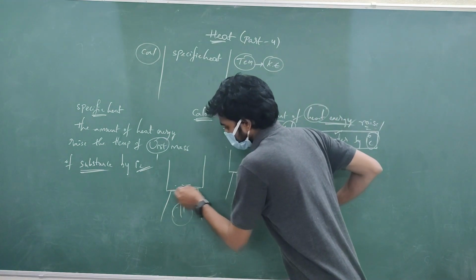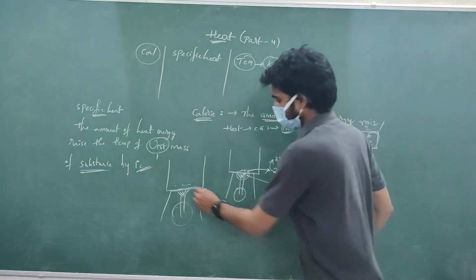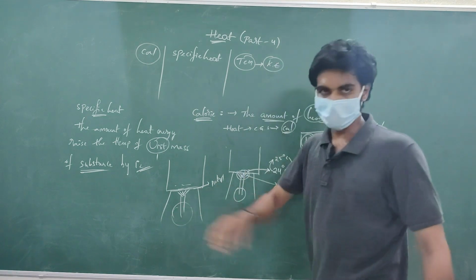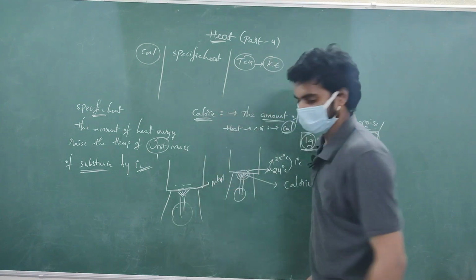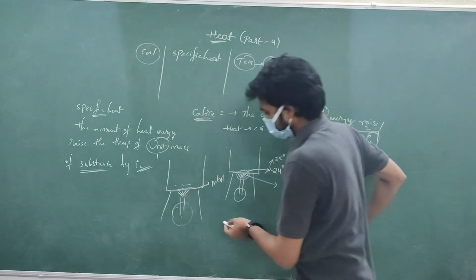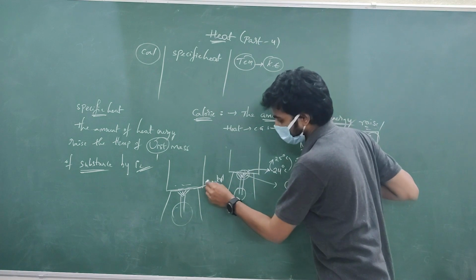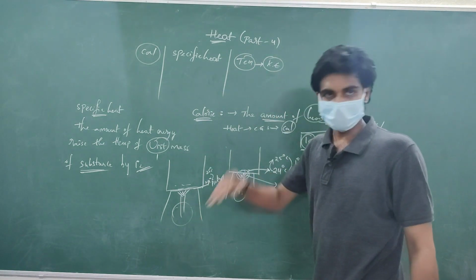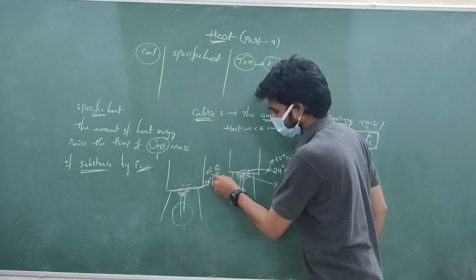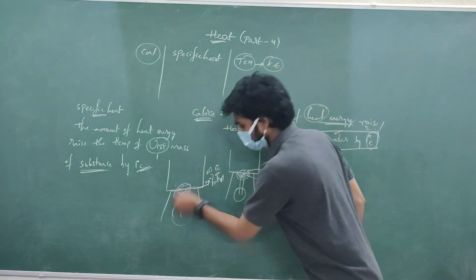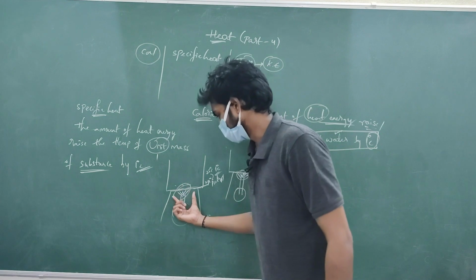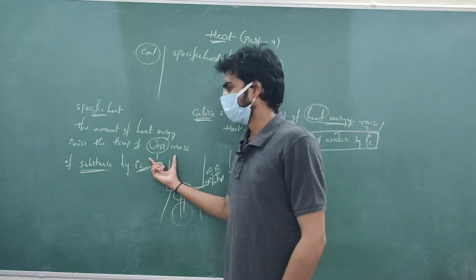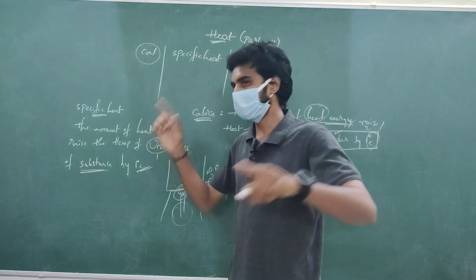So in this case I had taken a substance like petrol. You need to observe it carefully: 24 degrees centigrade to 25 degrees centigrade. Here also 1 degree centigrade. Here also the specific heat says the amount of heat energy required to raise the temperature of unit mass of a substance by 1 degree centigrade.